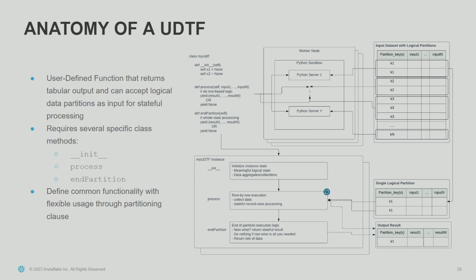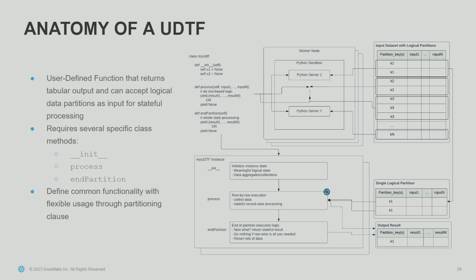UDTFs are perfect for doing any kind of logical partition-based processing of the data. So the example I always like to give is if you've got data for thousands of stores in a table, and for each of those stores you're trying to do some processing associated with that data, whatever it might be. It could be aggregating or finding a minimum value.